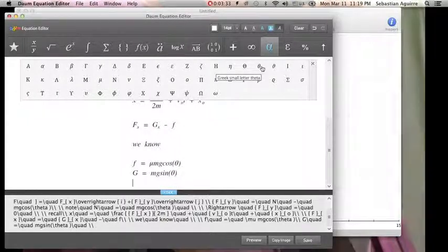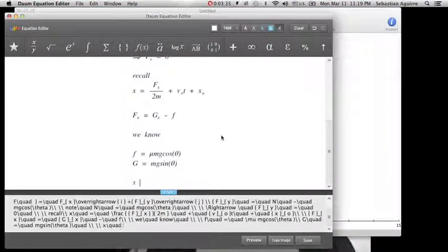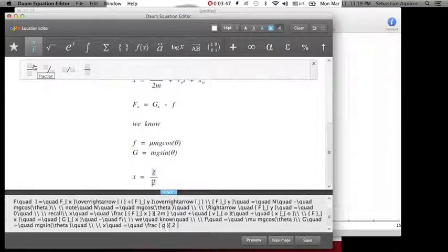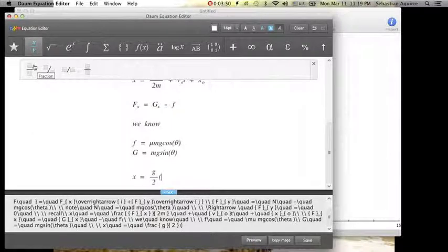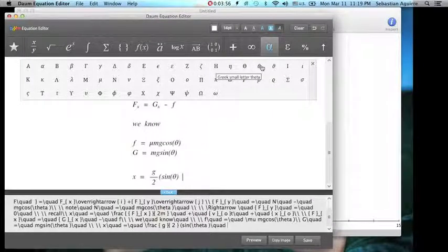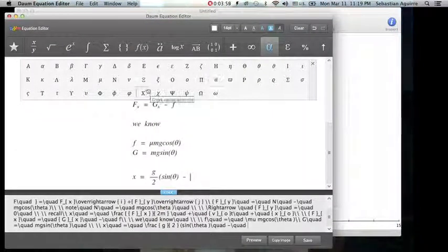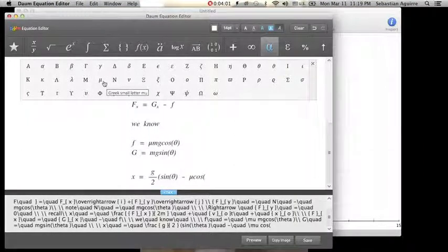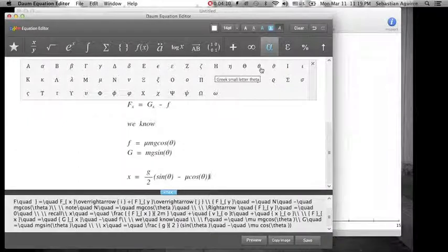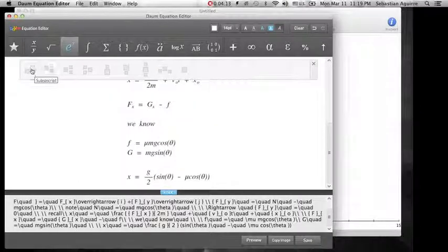And we can plug this in, getting x is equal to one half g times sine theta minus mu cosine theta, times t squared.